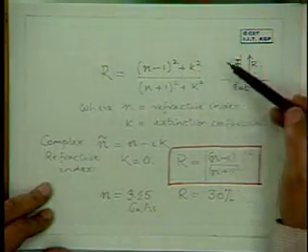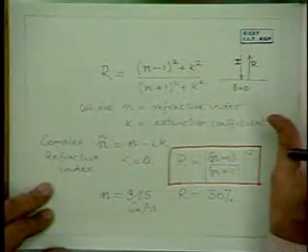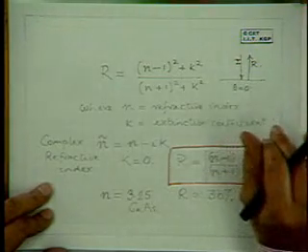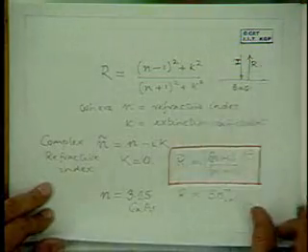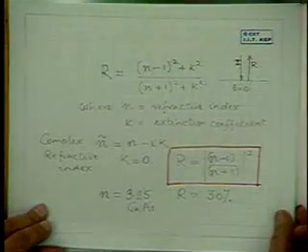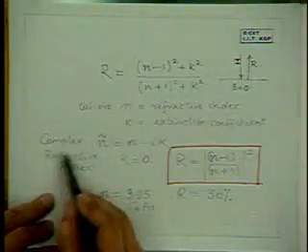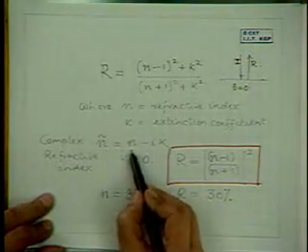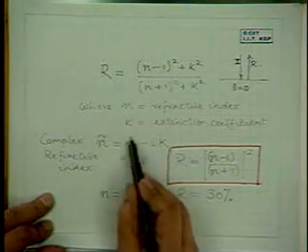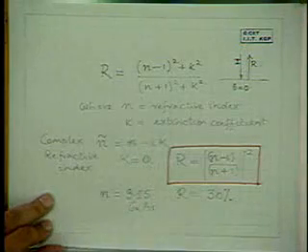That means alpha is equal to 0. That means the material is totally transparent. Is that clear? And in this case, n bar is the complex refractive index, which is equal to n minus ik. n is a real number, and k is a real number, and this is a complex refractive index.